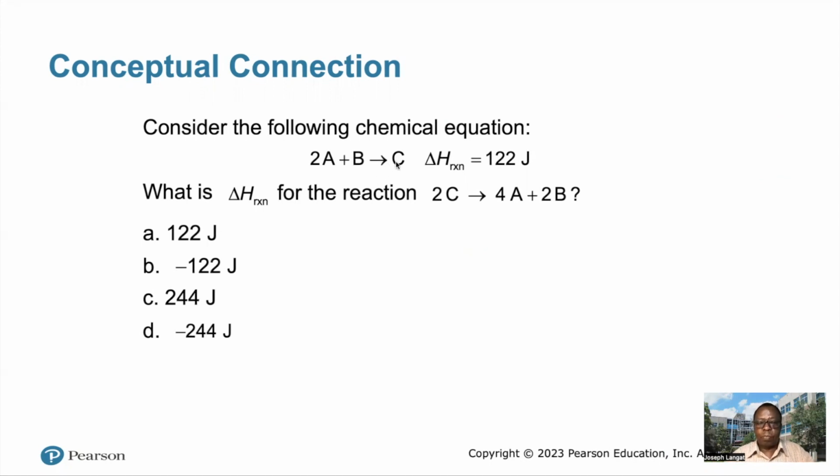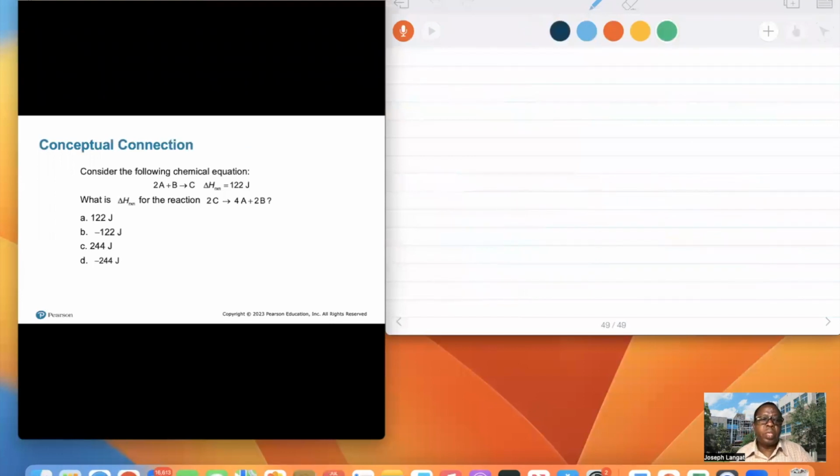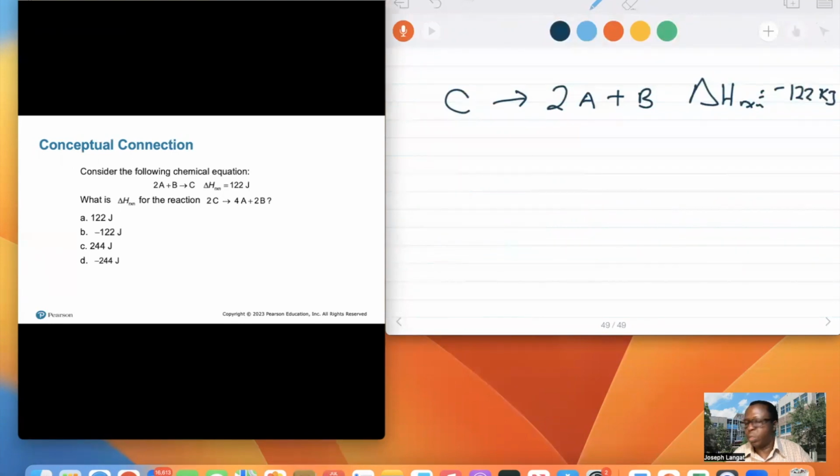So if we reverse first, if we flip the equation, that means the sign will change to negative. So if I flip the equation, it's going to be C going to 2A plus B, and the enthalpy of reaction for this will now be negative 122 kilojoules, because we flipped the equation.